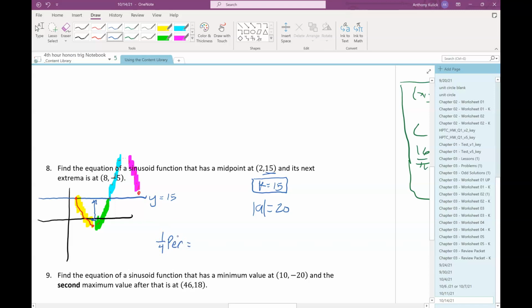And that's the horizontal distance. That's the distance between 2 and 8, which is 6. So if a fourth of a period is 6, one period has to be 24. And I know one period is 2 pi c.